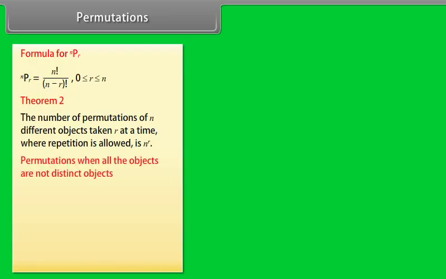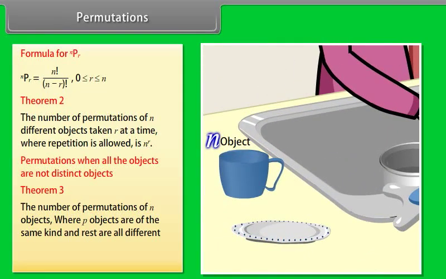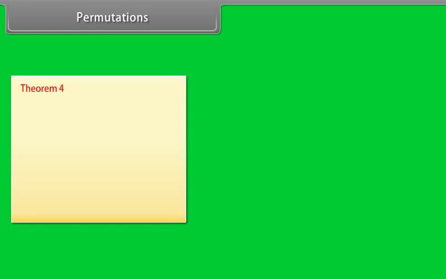Permutations when all the objects are not distinct objects. Theorem 3. The number of permutations of n objects where p objects are of the same kind and rest are all different is equal to n factorial by p factorial. Theorem 4.